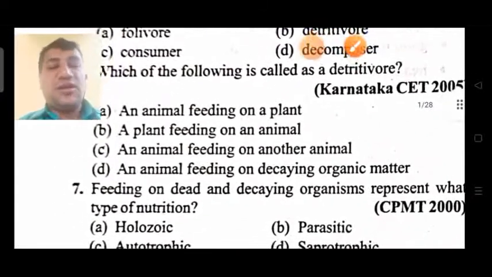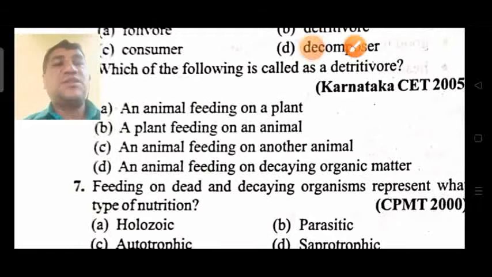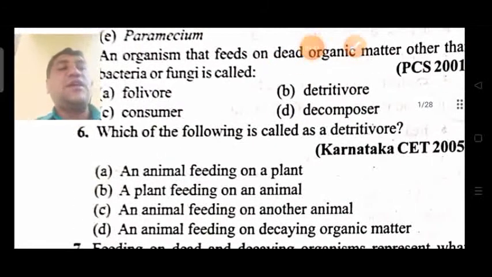Next, coming to the sixth question: which of the following is called a detritivore? We have already discussed that. An animal feeding on plants, a herbivore; a plant feeding on animals, that is insectivorous plants; an animal feeding on other animals, carnivorous; an animal feeding on dead and decaying matter.